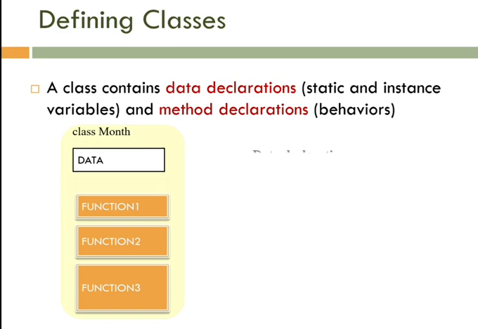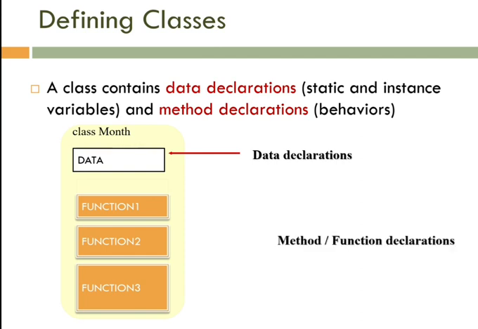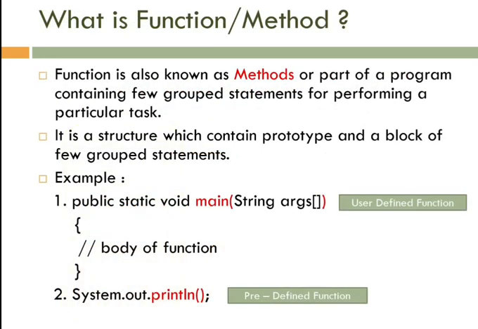Data is the data declaration, we can declare any data, and then we have any number of functions inside the class month. And a function is also known as a method, or we can say it's a part of a program containing a few grouped statements for performing a particular task.